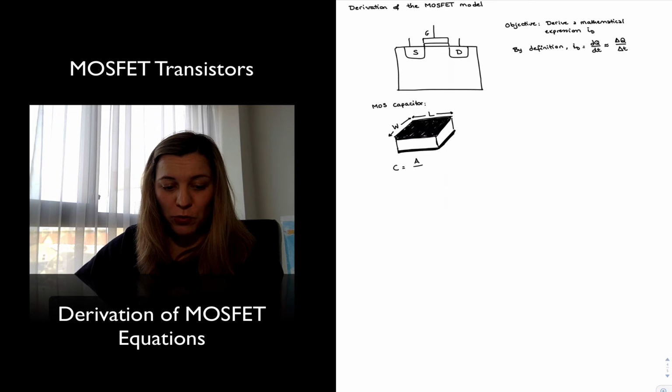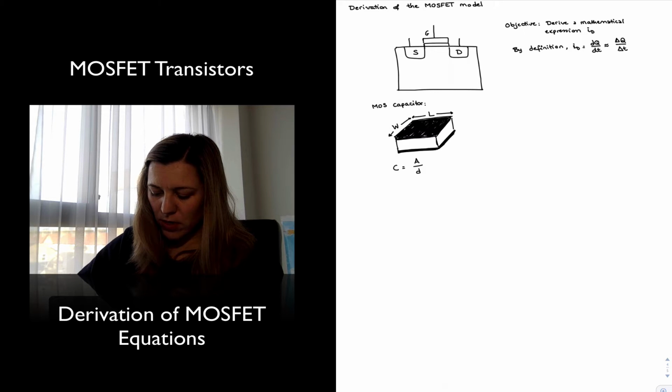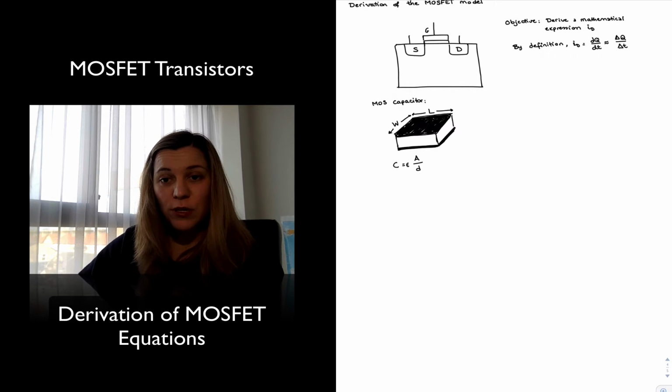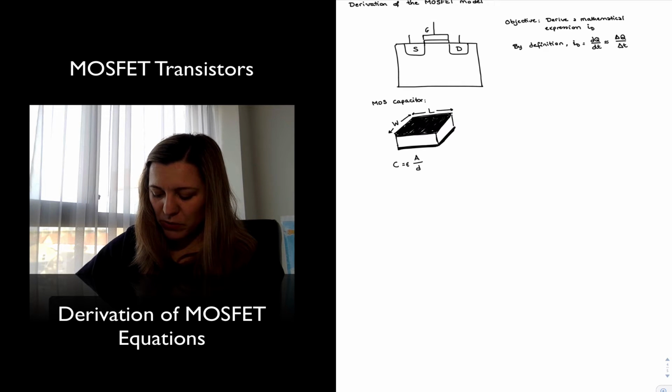It's inversely proportional to the distance, and the proportionality constant is going to be the permittivity of the insulating material, in this case the permittivity of the oxide.